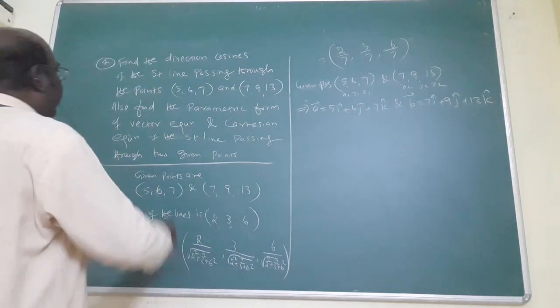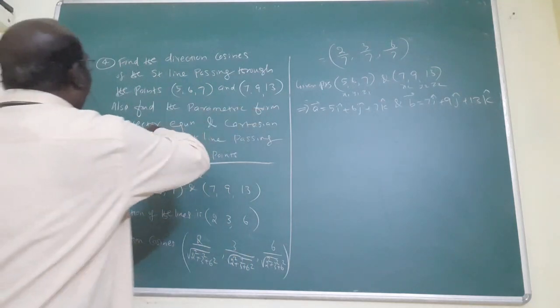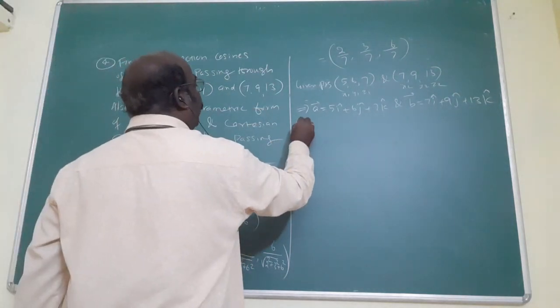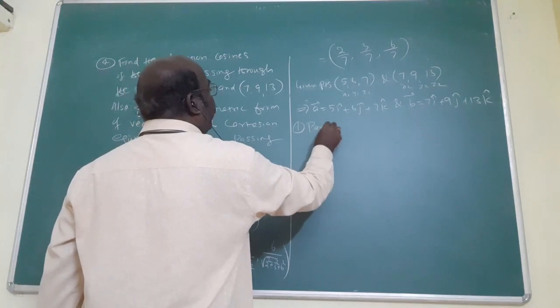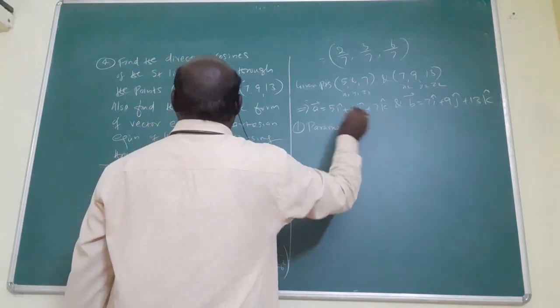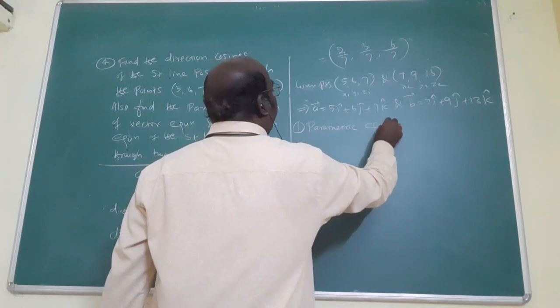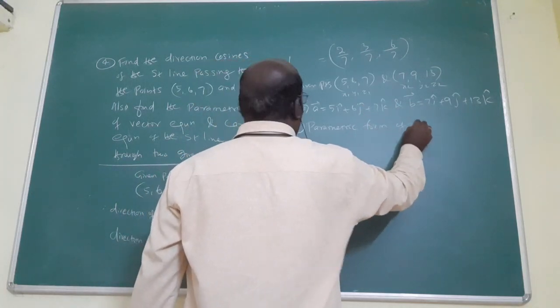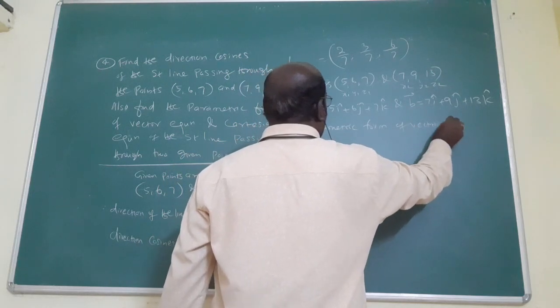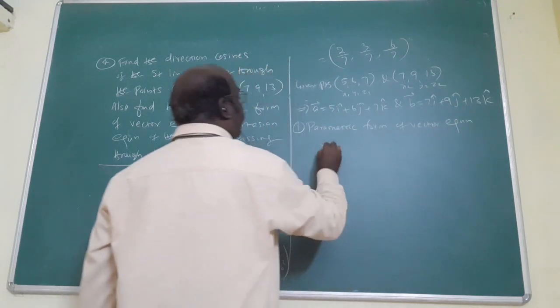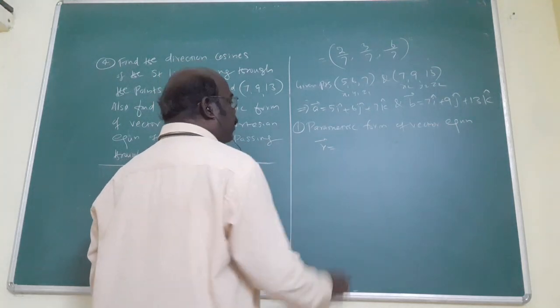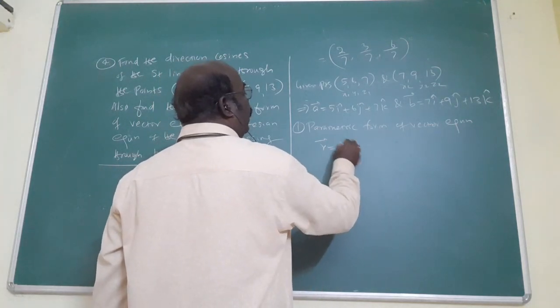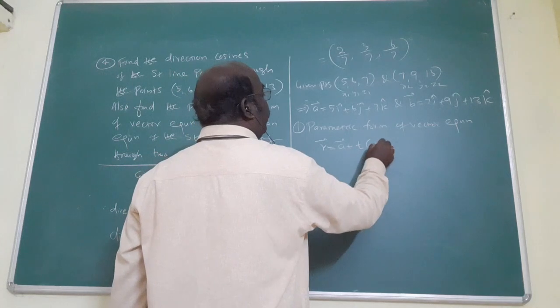Now, what is asked? The parametric form of the vector equation. What is the formula? R vector equals A vector plus p into B vector minus A vector.